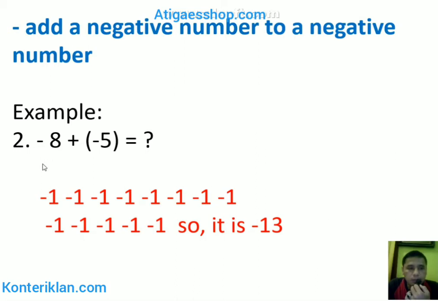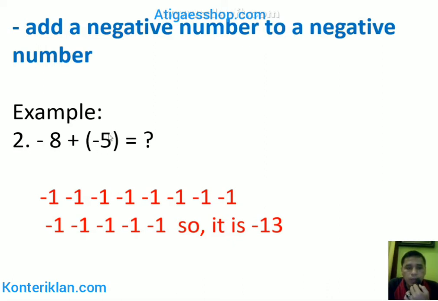Next example, number 2: negative 8 plus negative 5 equals what? For negative 8, put negative 1 eight times: 1, 2, 3, 4, 5, 6, 7, 8 times of negative 1.